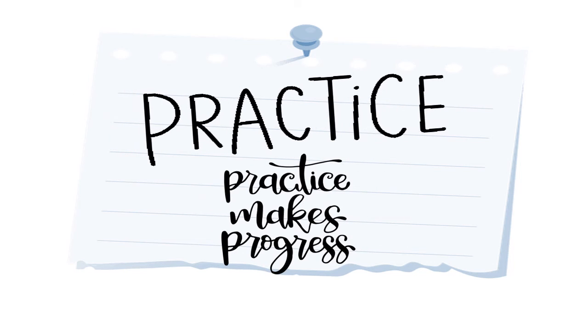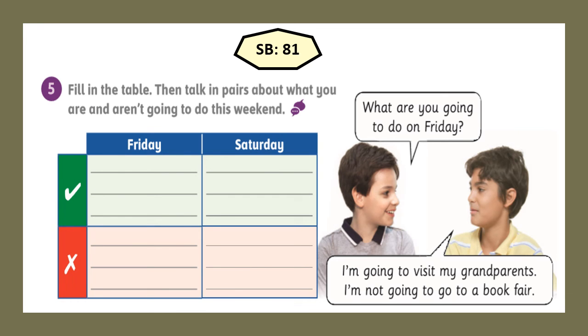Okay, now it's time for practice. Look at this one. Fill in the table, then talk in pairs. You will find here two pairs of students speaking and talking to each other. The first one is asking a question: what are you going to do on Friday? What's his answer? I'm going to visit my grandparents. He is going to.